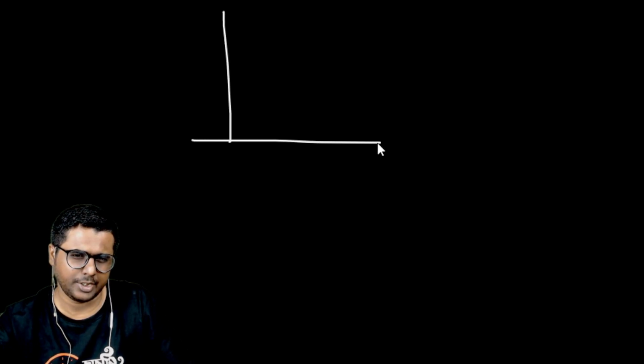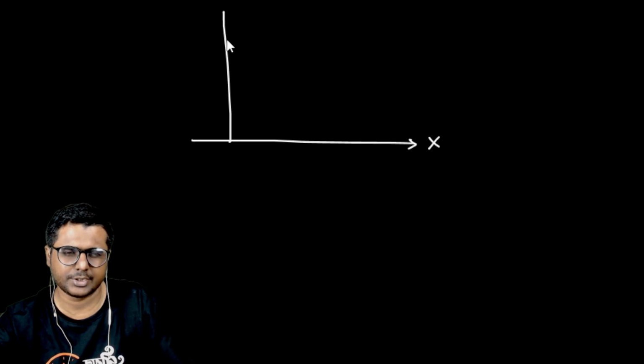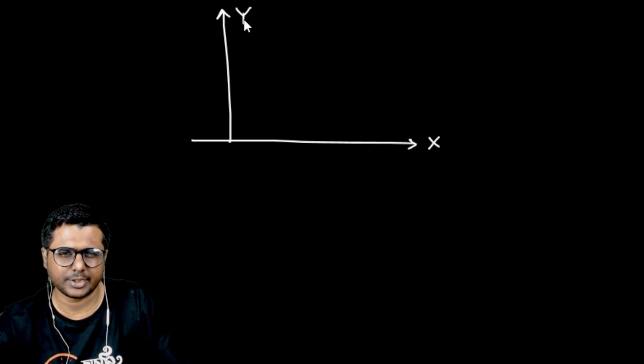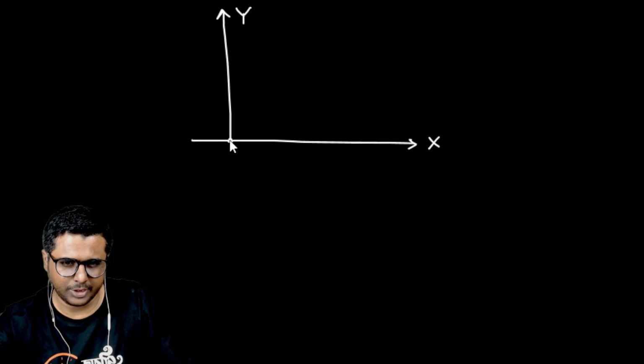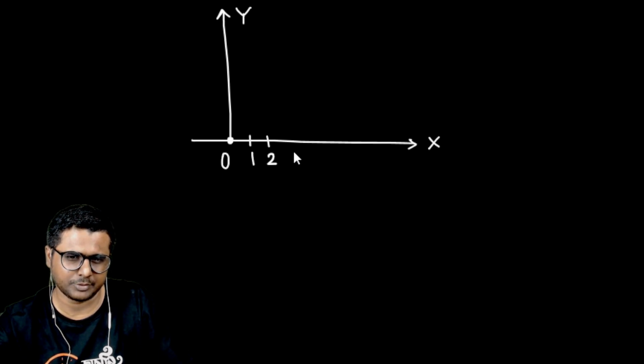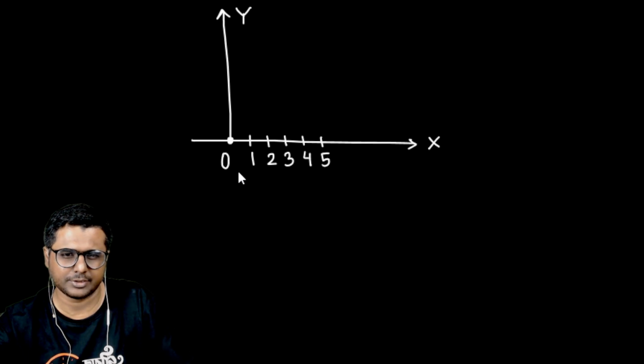Okay. So now we are going to do another concept. So we learnt about x axis and y axis. So this is x axis, this is y axis, and this point is called origin. So at this point the value of x is 0, then value of x becomes 1, then 2, then 3, then 4, then 5, like this.